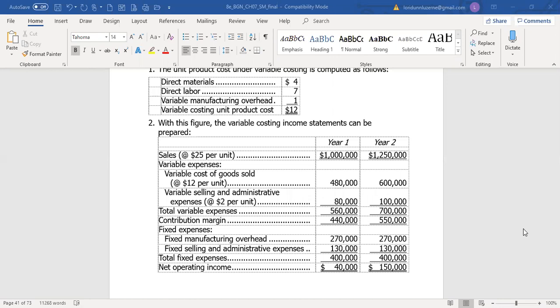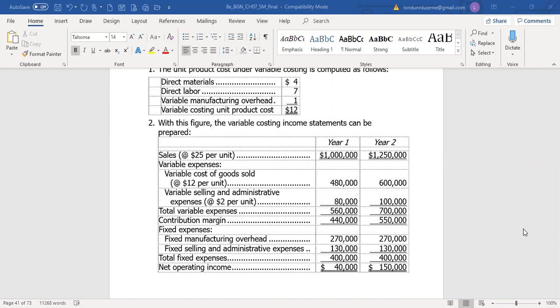They don't change as sales change. So the total fixed expenses are $400,000 for each year. We would then subtract those fixed expenses from the contribution margin each year to get our net operating income. So a different approach to an income statement. The variable costing income statement.